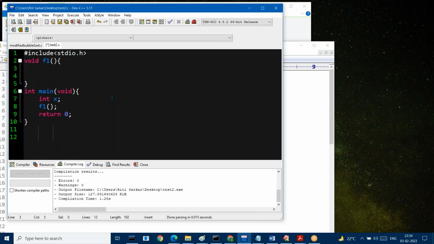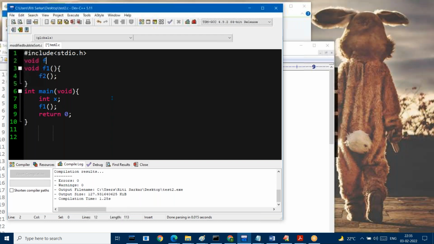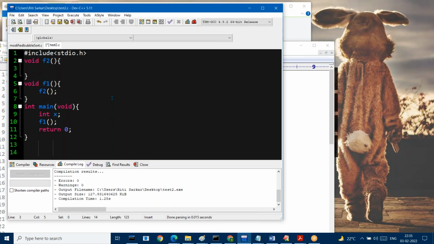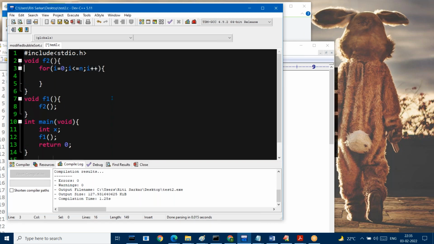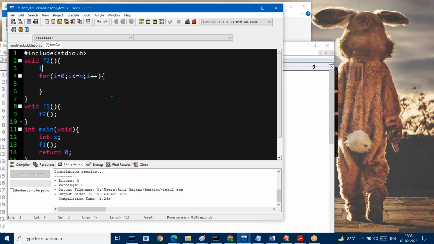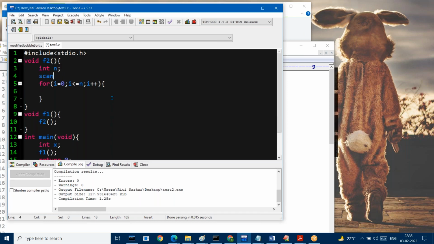Suppose you call the f1 function, and suddenly f1 calls f2, and the complexity of f2 is order of n. Let us assume here a for loop is there, I is equal to 0, I less than or equal to n, I plus plus, and n is read using scanf percent d ampersand n.